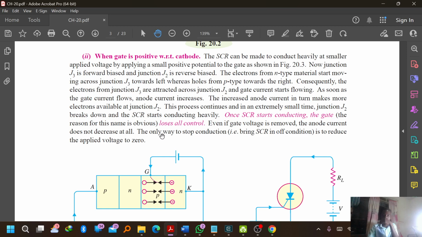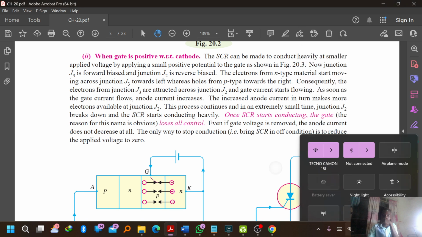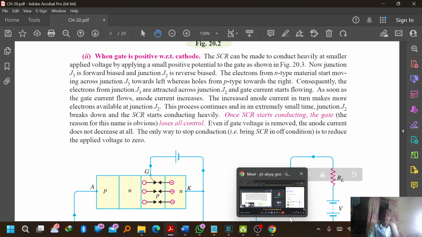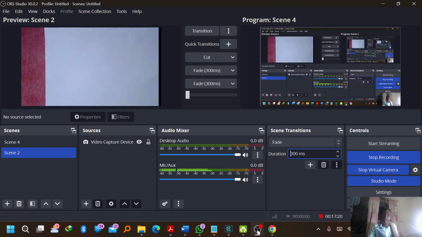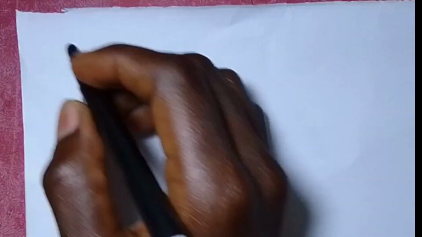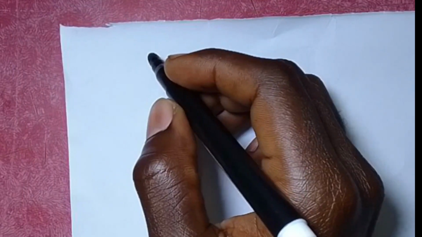Here they are saying when the gate is positive with respect to the cathode, the SCR can also be made to conduct. What do they mean by making junction J3 positive with respect to the other?